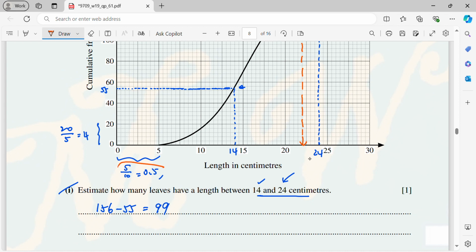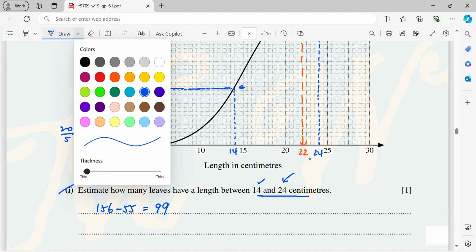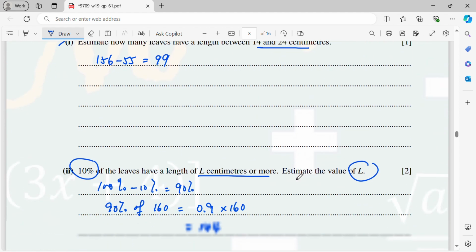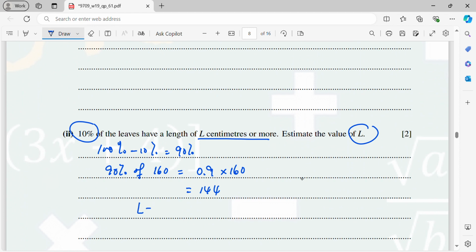Okay, and each square is 0.5. There are 4 squares, that means this is 22. Okay, so here I will just write the L is 22, because the 10% is L centimeters or more. That is a 10%. That's why we are referring to 90% of the total.